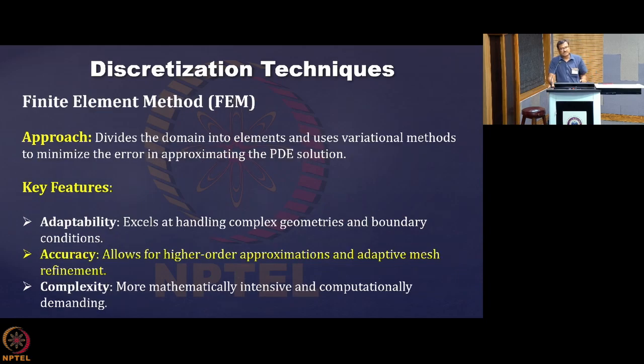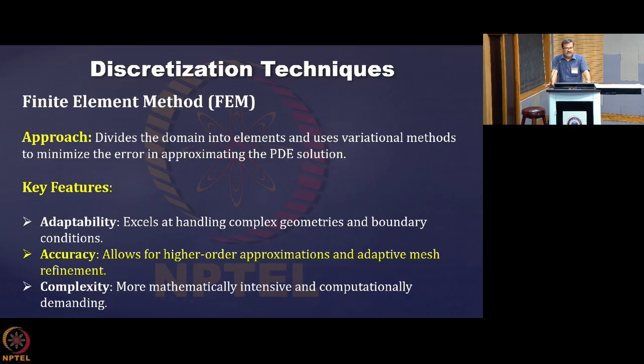Then there is a third one, which is called the finite element method. The approach is that it divides the domain into elements and uses a variational method to minimize the error in approximating the partial differential equation solution. Now the features of that: it excels in handling complex geometries and boundary conditions.